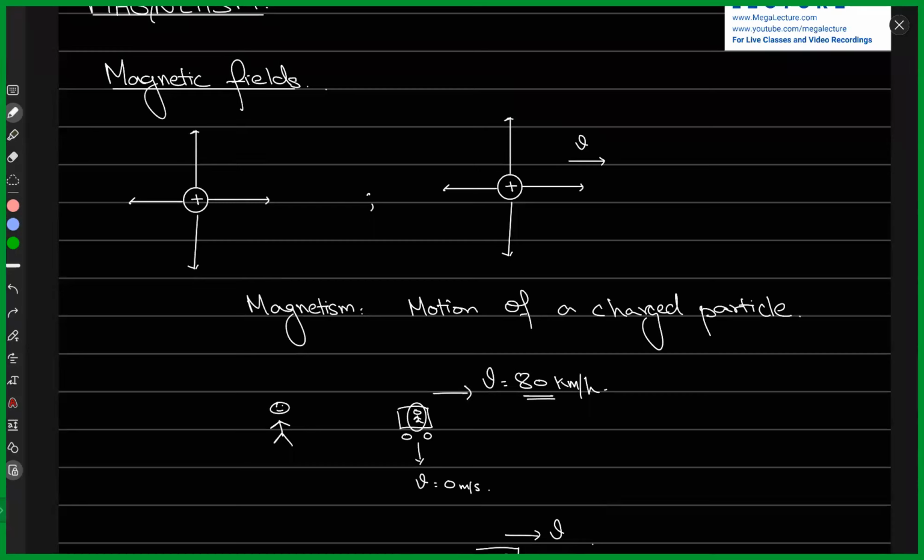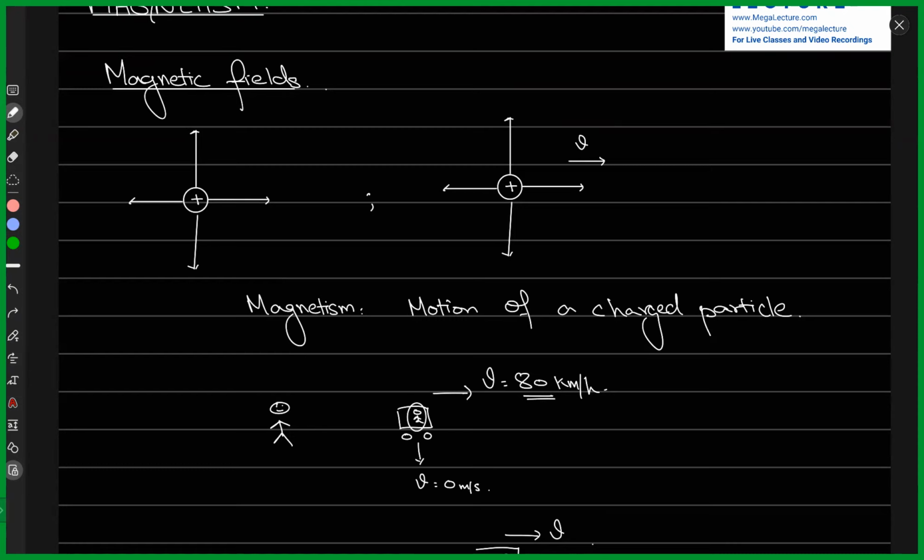So one could be saying that there is no magnetic field, while the other says that there is a magnetic field. It doesn't mean that any of them are wrong. It's just that they're supposed to say relative to them, there is no magnetic field, right?